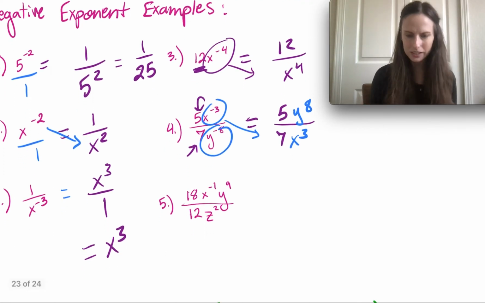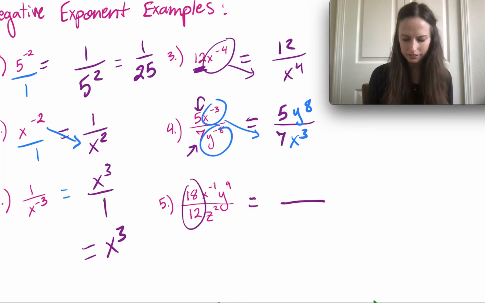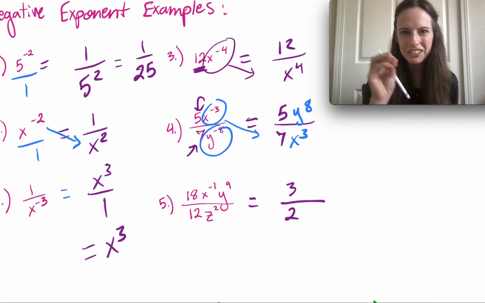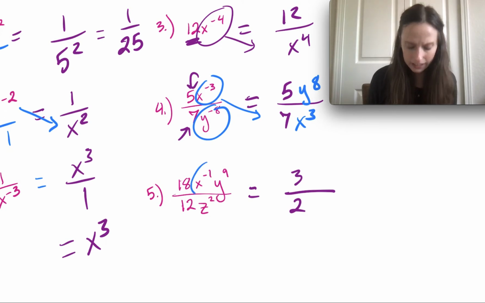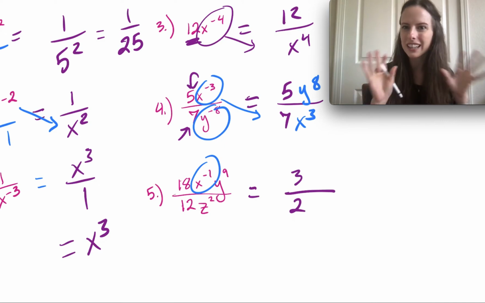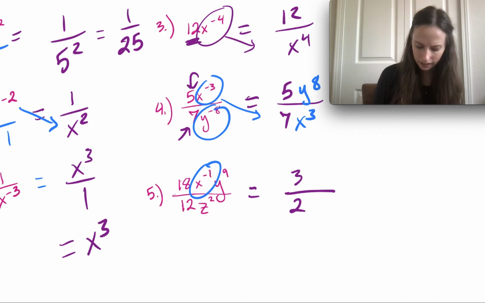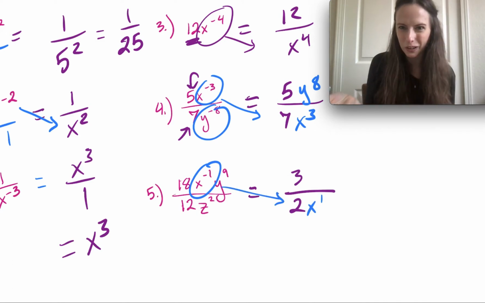And then last, with number 5 here, we have coefficients that simplify, so we can at least do that. So 18 over 12 simplifies to 3 over 2. And then you've got to look at all of those different variables, and anything that has a negative exponent will cross, but anything that has a positive exponent is also just going to stay put. So the x to the negative 1, that's going to cross to the denominator and become x to the positive 1.